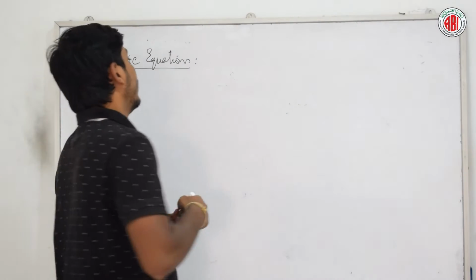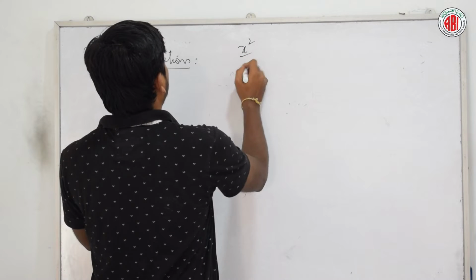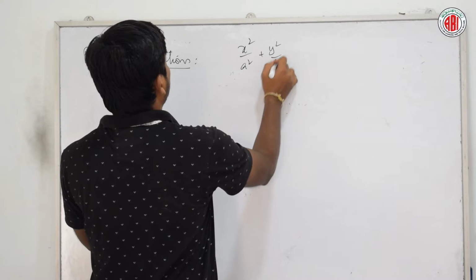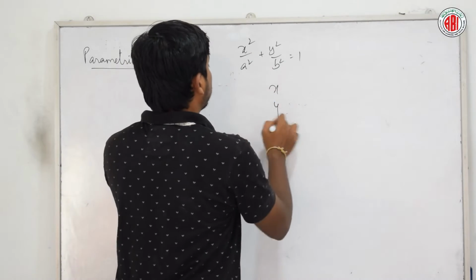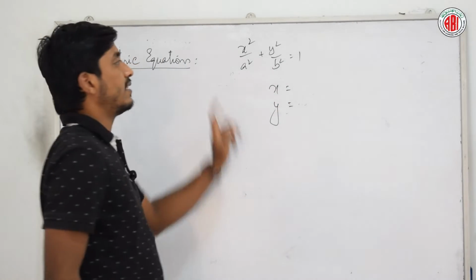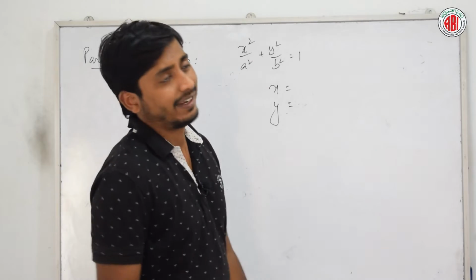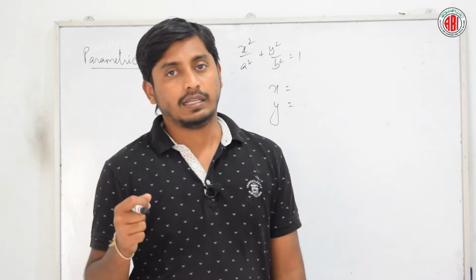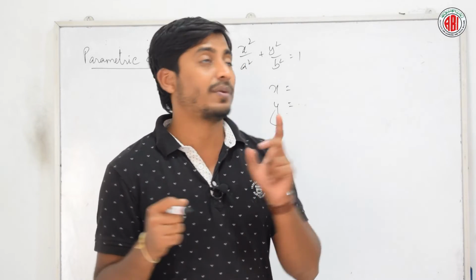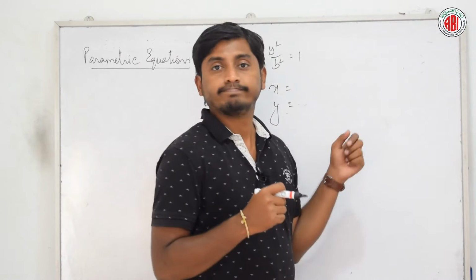That is x square by a square plus y square by b square is equal to 1. What values of x and y will satisfy this equation? It can be in terms of t's or it can be in terms of thetas, where theta is an extra parameter other than these two.